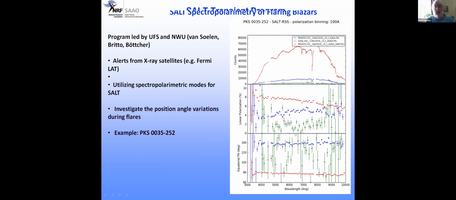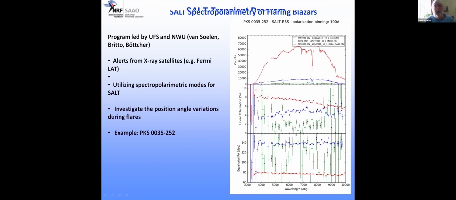And in particular, what we've been doing with SALT is to monitor these systems in the flaring state and in the quiescent state spectropolarimetrically.